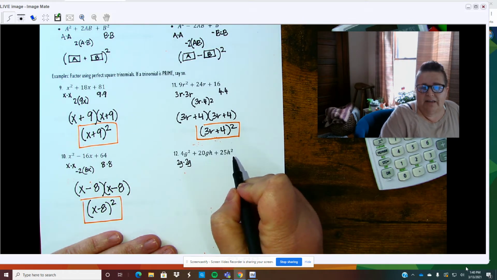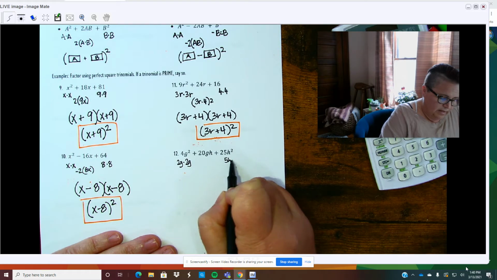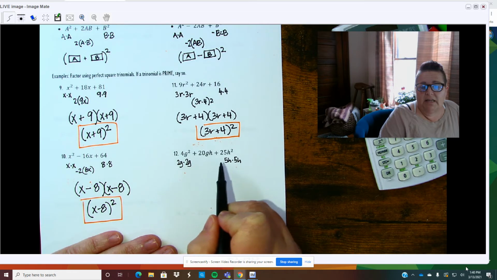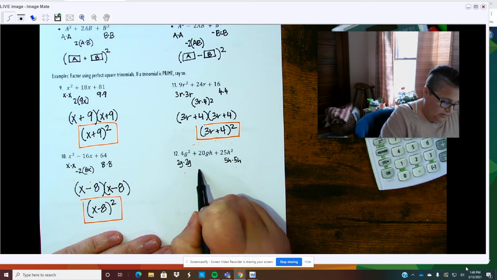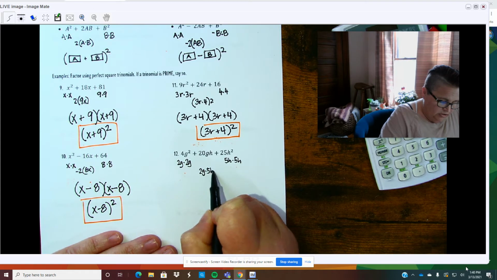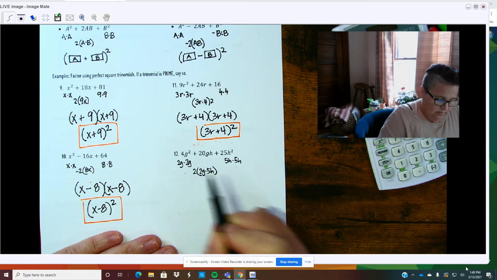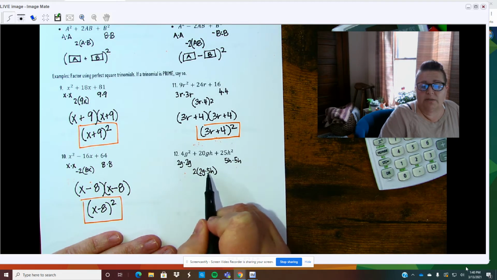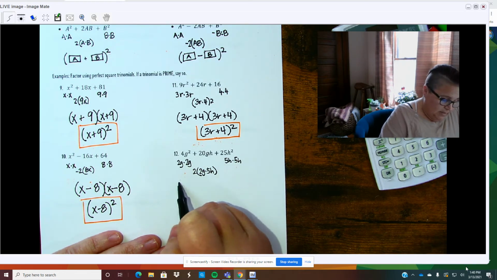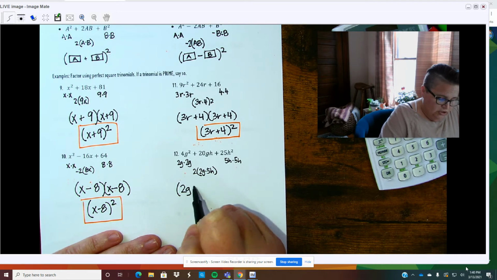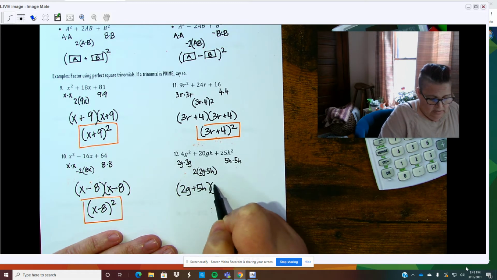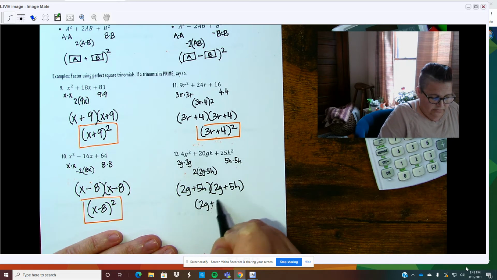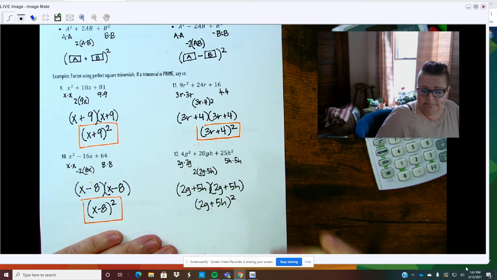The 25h squared can break into 5h times 5h, or something times itself. If I multiply one pair together, so if I do 2g times 5h and I double it, do I get 20gh? 2 times 5 is 10, doubled is 20, yes I do. That tells me that this will factor into 2g plus 5h times 2g plus 5h, or 2g plus 5h squared.